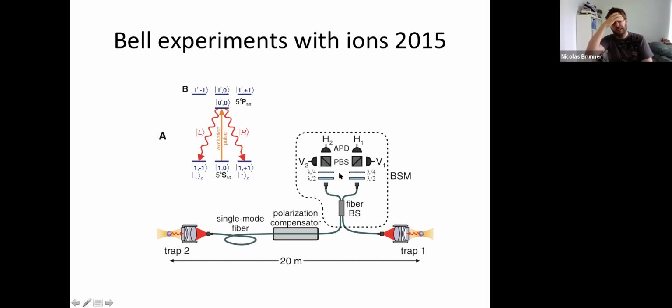If you do that right, you can project on a Bell state in the middle, and that will then entangle your two distant atoms. So it's really entanglement swapping, teleportation of entanglement. And once you have that, you can make a measurement of the spins of your atoms, and then you can check for Bell inequality violation.